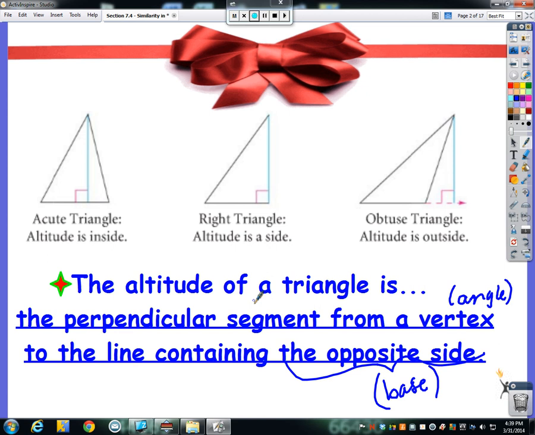So for example, I could draw in, say, another altitude right here from this vertex to this opposite side, and it's perpendicular. I could do the same thing from this vertex going to its opposite side. Let's see if I can make this look good. Yeah, that's not bad. And it's perpendicular. So for any triangle, there are 3 altitudes. Just keep that in mind. Altitude just isn't 1 here. It's 3 possible ways.